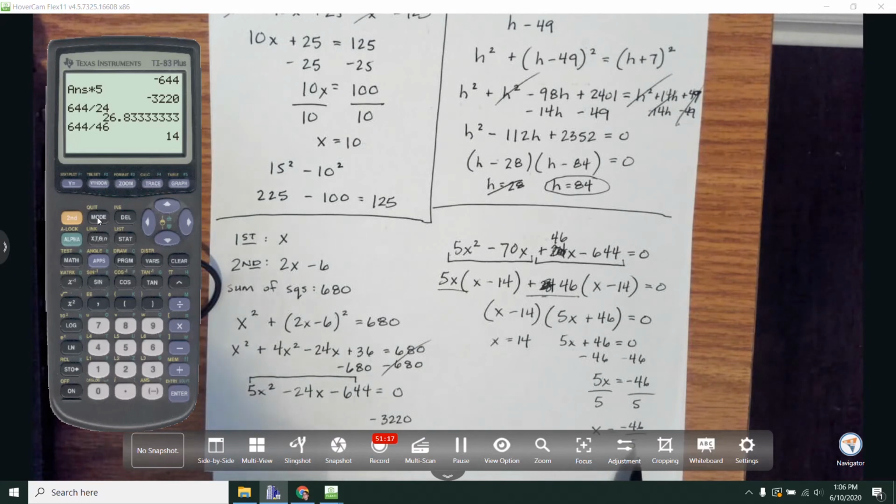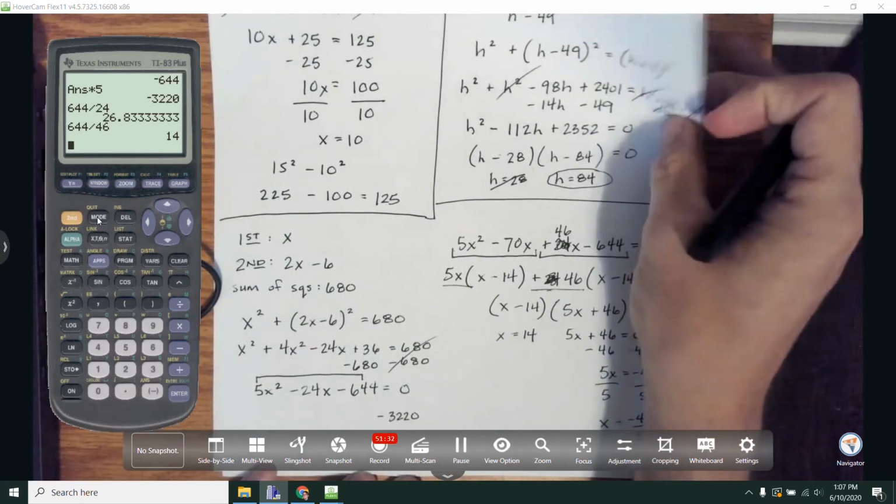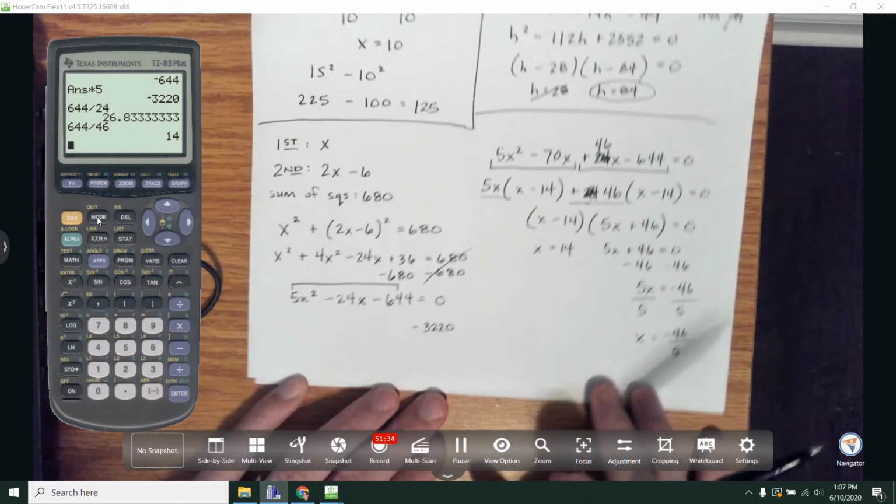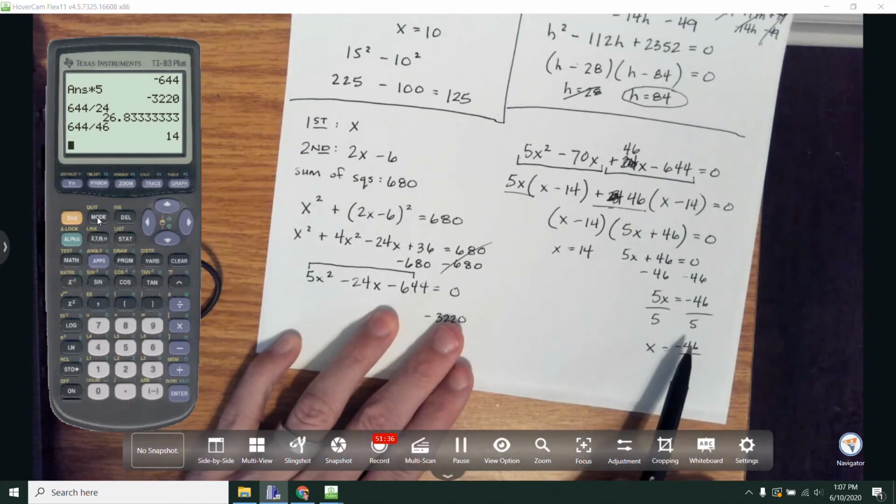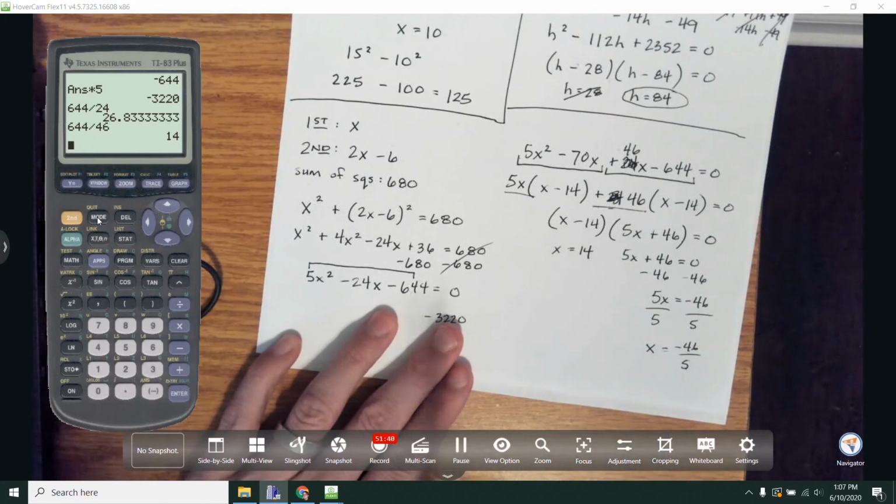So the fast way to do it is kind of thinking about it the way we did this one. Remember, this can become the opposite. So this positive 46 becomes a negative 46, and then we just end up dividing by what's in front of that variable, and that becomes our denominator on the bottom. You can see that's where our numbers are represented. Instead of positive, we have a negative.